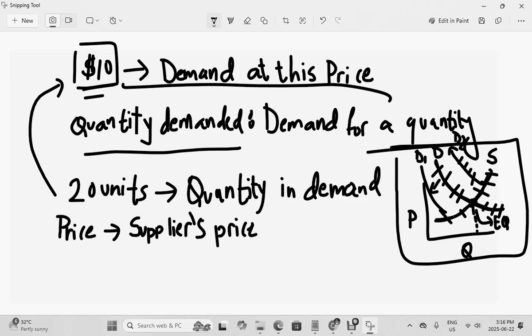The same can be said for supply. For whatever reason, let's say the cost of production goes down, the supply curve will shift to the right. As an example, let's say gasoline. Let's draw another graph. If the price of crude oil goes up for some reason, the quantity demanded will go down. When the quantity demanded goes down, people will try to find alternatives.